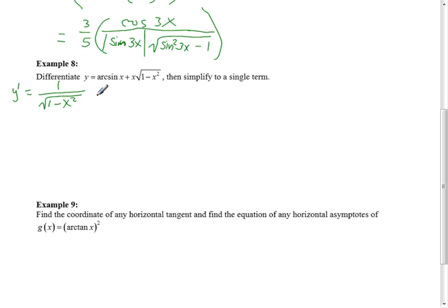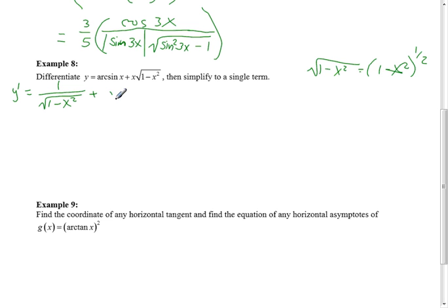x squared plus, alright, this part we have, alright, I'm going to write this over here so I don't mess up, 1 minus x squared. Another way of writing that is 1 minus x squared to the 1/2 power.